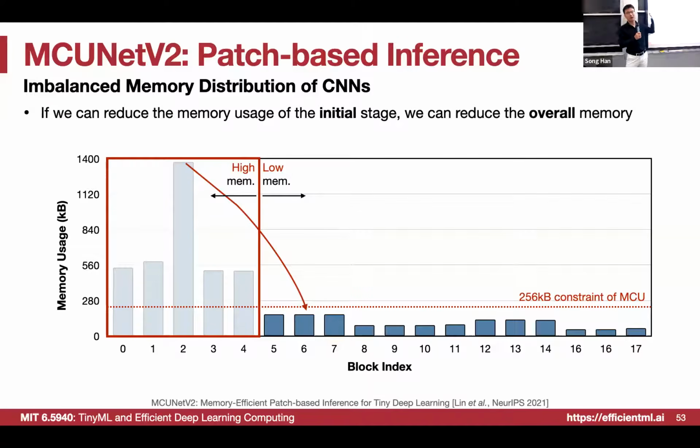Remember, we keep doing downsampling, so the resolution gets smaller and smaller, and then the memory gets smaller and smaller. But in the beginning, the resolution is pretty big. So ideally, if we can reduce the memory usage for this initial stage, then we can reduce the overall memory.